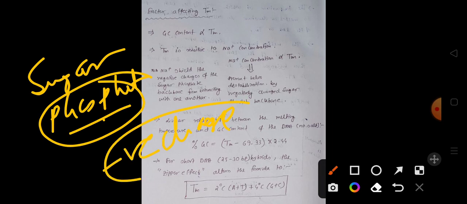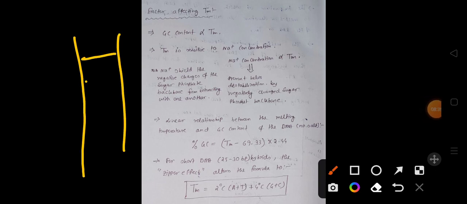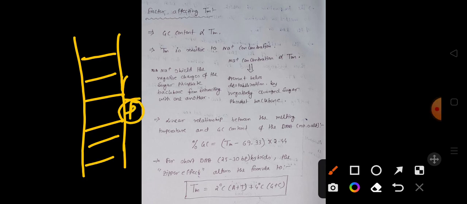I hope it is clear to you. Now, what will Na plus do? Na plus will shield those negative charges. Now, you may ask, what will be the consequence of shielding those negative charges? Remember that when the backbone of the DNA has many unshielded phosphate groups, these phosphates can interact with each other. Okay, and this interaction creates helix destabilization.